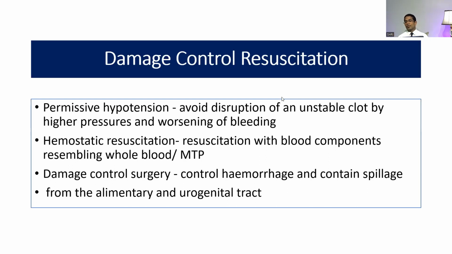Therefore, for a patient coming with significant trauma, if it is penetrating, your target systolic blood pressure should be 80. But if it is blunt trauma, your target systolic blood pressure is 90. You can maintain between 80 and 90 for a trauma patient, but not more than 100.